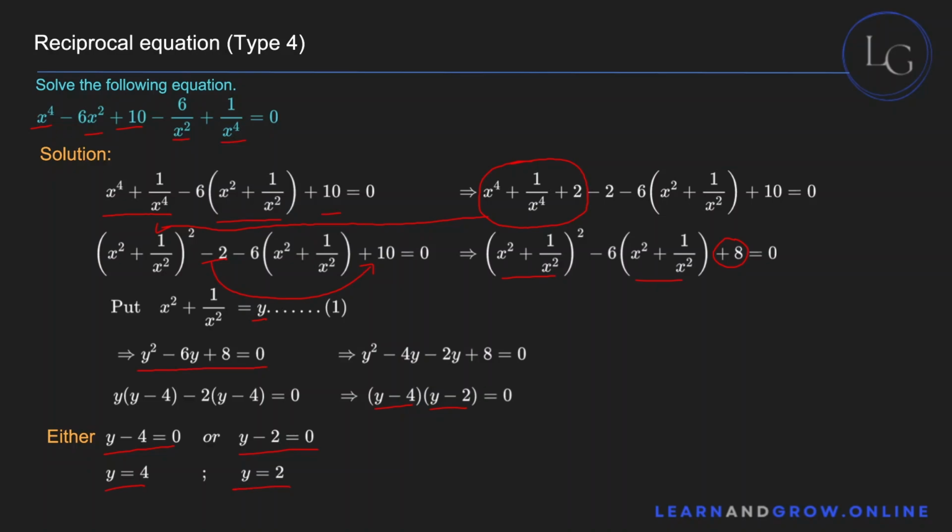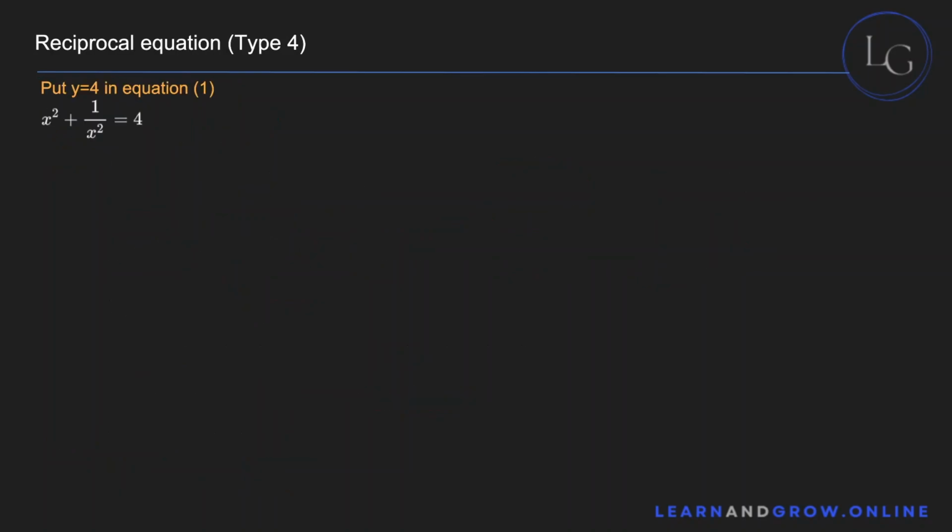So now you have two values for y, and now you'll plug in y is equal to 4 in the equation that dictated that x squared plus 1 over x squared is equal to y. Now upon doing that, basically what we've done here is we've taken the LCM. So x squared multiplied by x squared plus 1 over x squared is equal to 4.